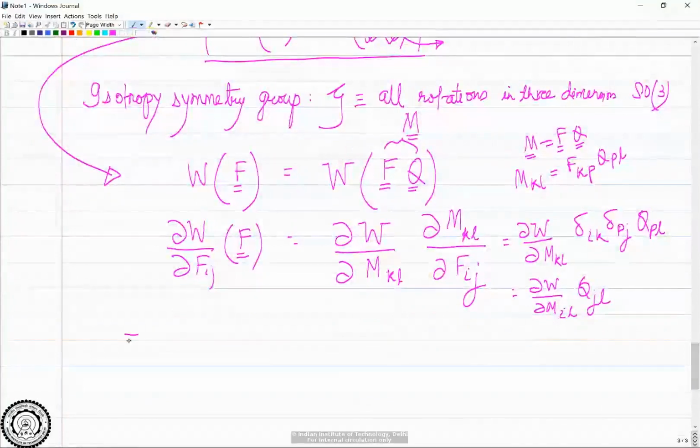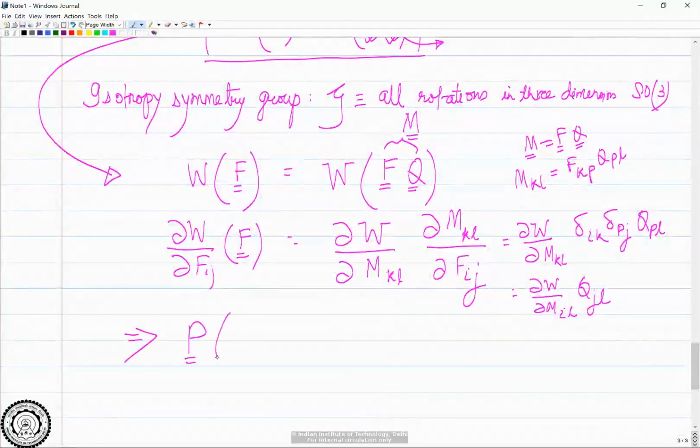So we can now come back to the tensor form. The left hand side, we all know that this is the Piola-Kirchhoff P at F, whereas on the right hand side, del W by del M is also P, right? But at FQ, into, and you see here, it is IL into JL, or it will be IL into Q transpose LJ. So this becomes Q transpose. Are you with me here?